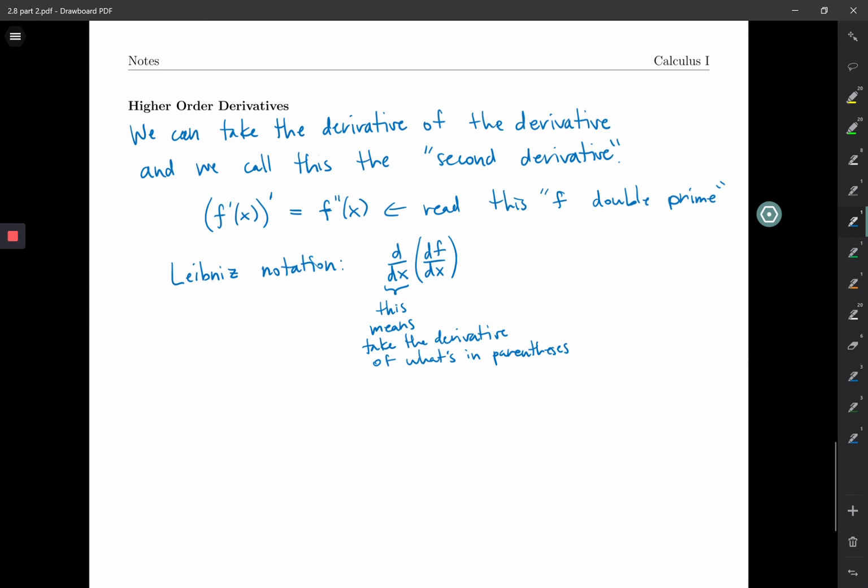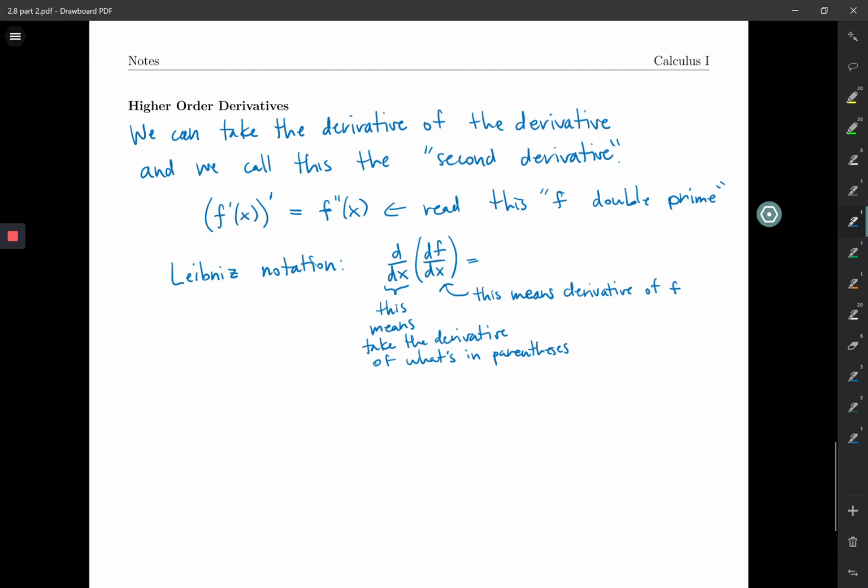And maybe for completeness, we'll write this: this means the derivative of f. Okay. So we want to take the derivative of the first derivative. So now that we have the second derivative, we refer to the regular one as the first derivative.